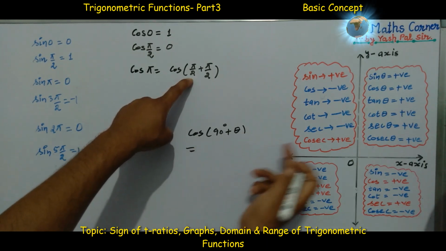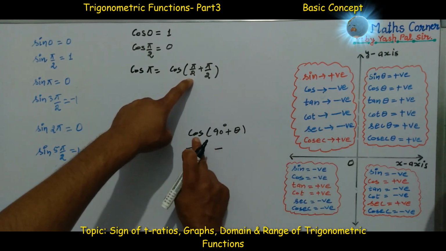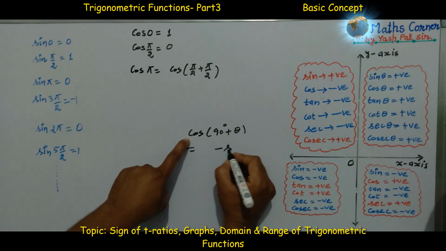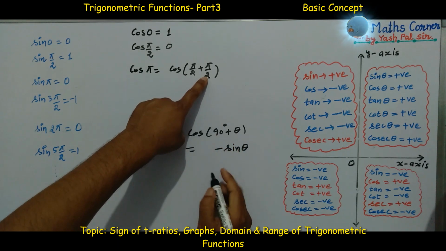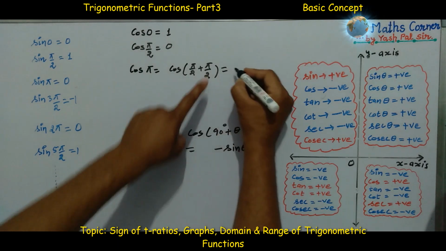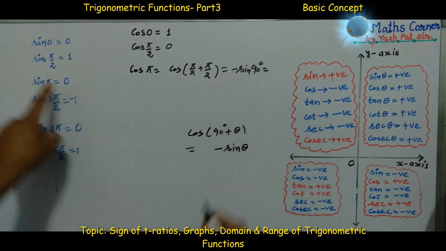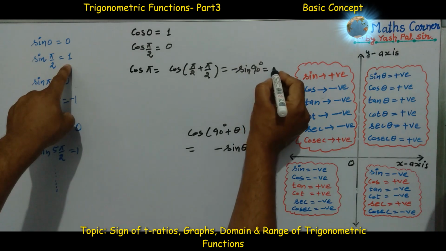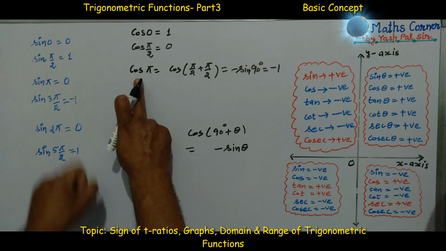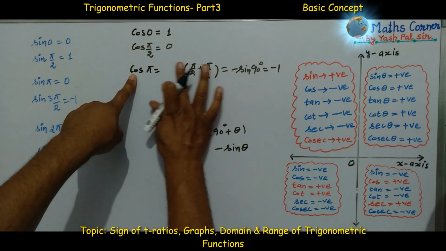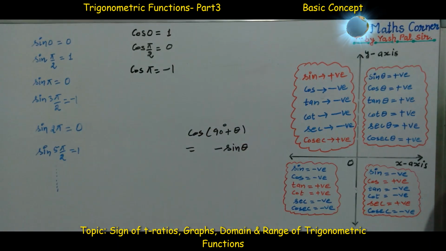In the second quadrant, cos is negative, so minus, and cos will become sine theta. In place of theta we have 90 degrees, so this is equal to minus sine 90 degrees. Sine pi by 2 is 1, minus is already here, so cos pi is minus 1.